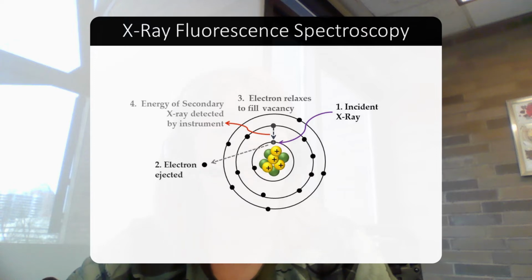The excess energy given off by the second electron is called a secondary X-ray because it was emitted by the second electron, and because its energy is within the X-ray region of the electromagnetic spectrum, hence secondary X-ray. That secondary X-ray is then detected by the instrument.